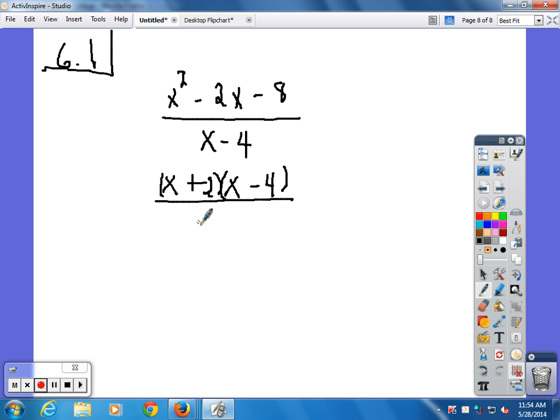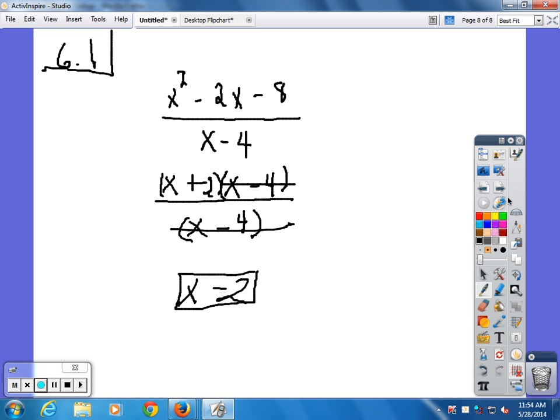Over x minus 4. And what happens to the x minus 4s? They cancel. And what's your final answer? And you have just reduced. Is it x minus 2 or x plus 2? X plus 2. Thank you. I was just making sure y'all were awake. Okay? X plus 2.